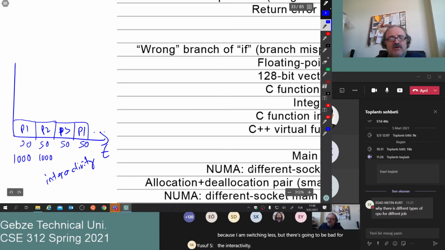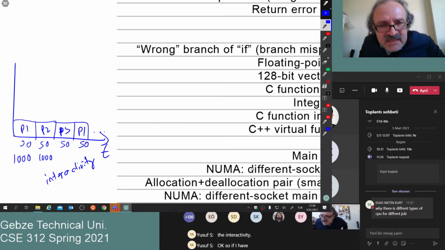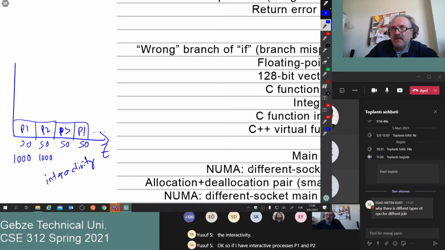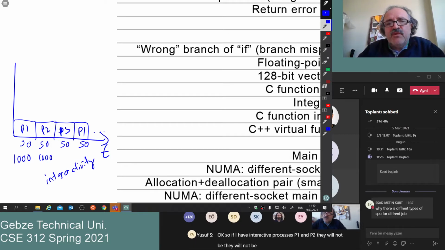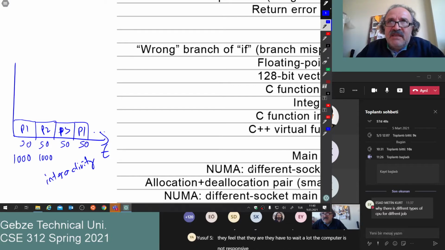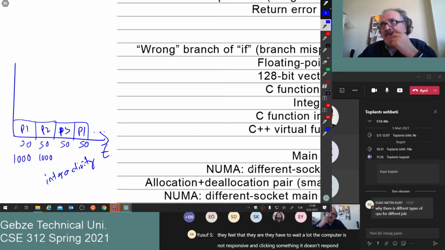If I have interactive processes P1 and P2, the user of those processes will not feel that they are using the computer for themselves. They feel that they have to wait a lot. The computer is not responsive. I am clicking something, it doesn't respond at all.